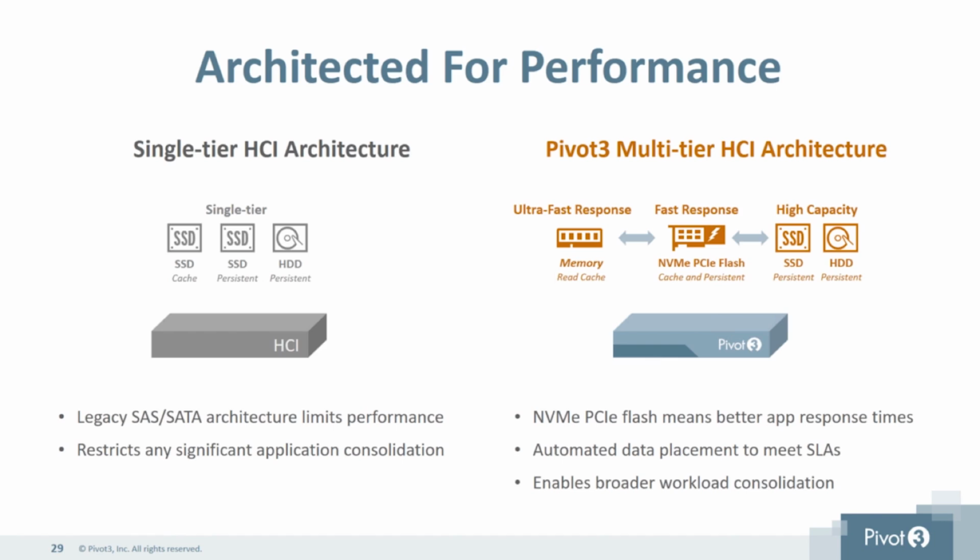So what this means is there's also a lot of intelligence in the system, so it puts the data on the most effective layer so that you can meet the SLAs for each of your applications. And so this is part of enabling workload consolidation, where you can have high priority workloads running on fast storage and lower priority workloads running on slower levels of storage.